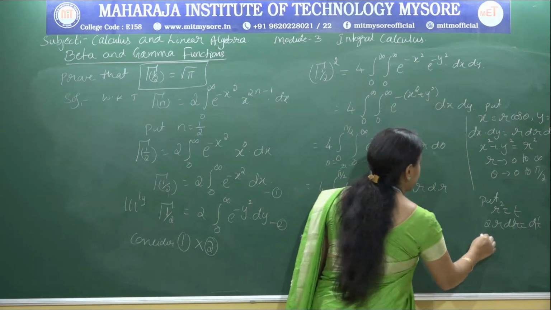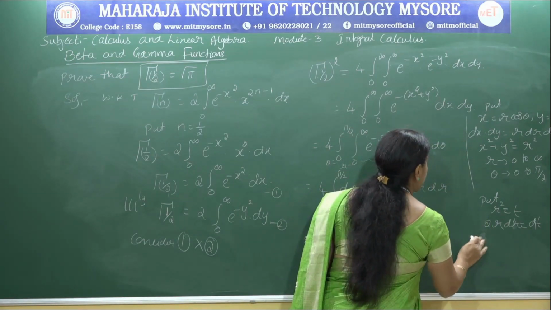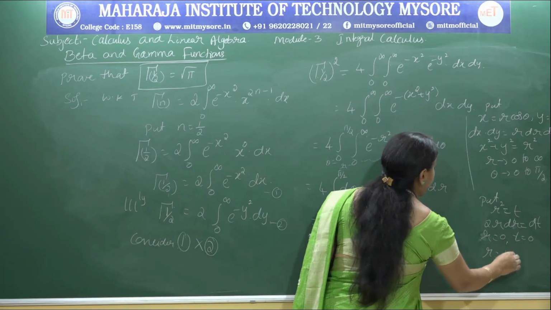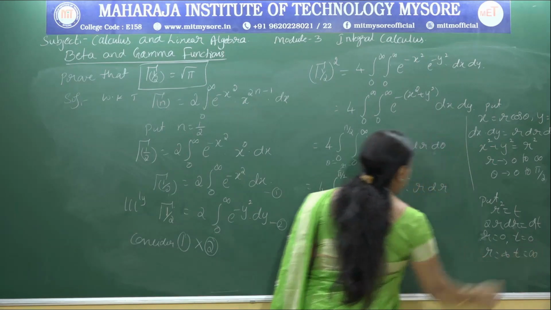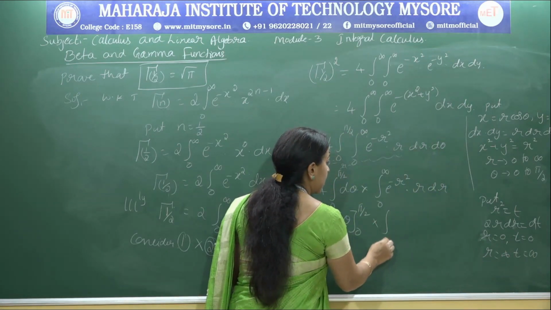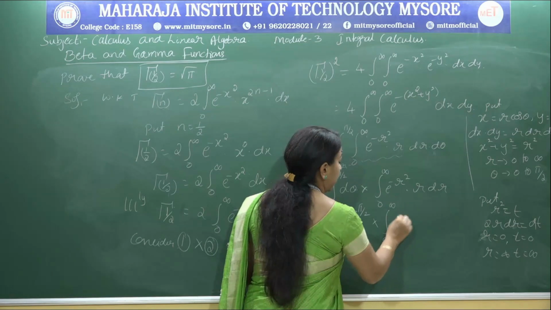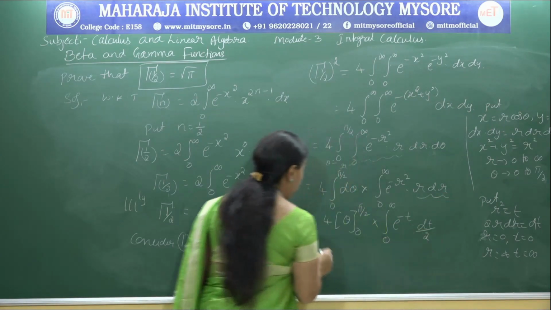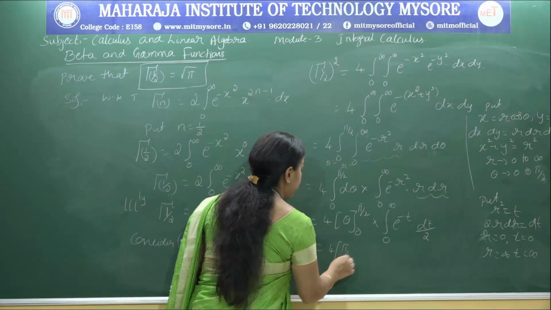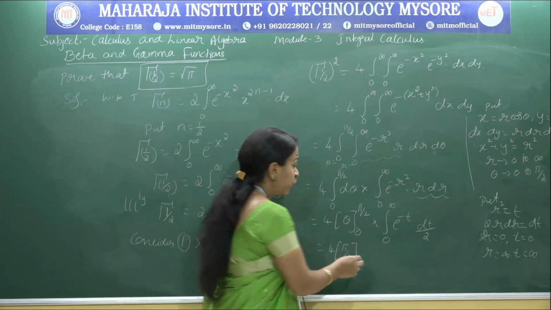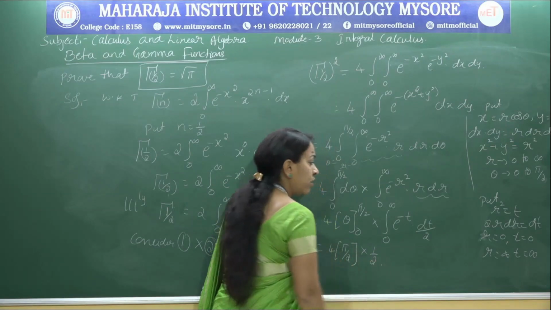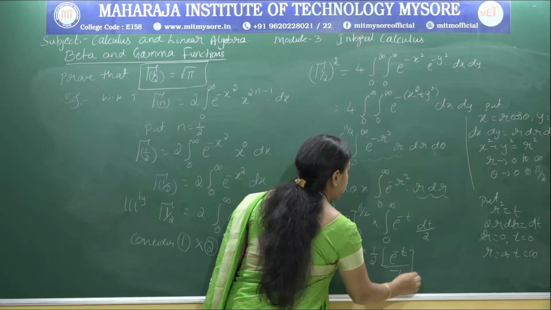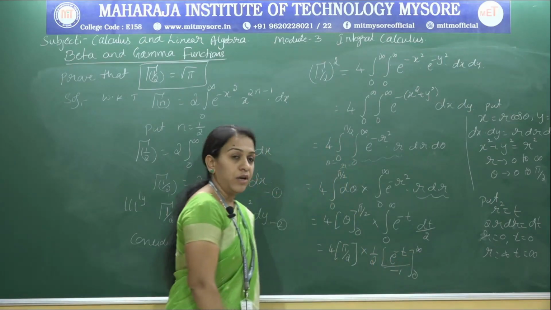right? If r equal to 0, t is also 0. If r equal to infinity, t is also infinity. So I can replace this as integral 0 to infinity e power minus t, r dr is dt by 2, or 4 times pi by 2, upper limit minus lower limit 0, into 1 by 2 times e power minus t integration, e power minus t by minus 1 between the limit 0 to infinity.